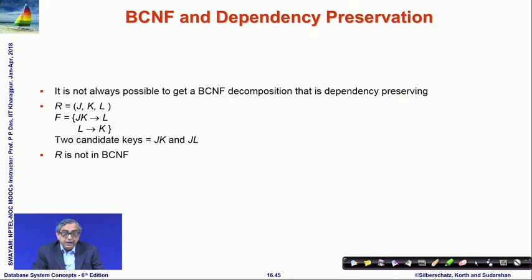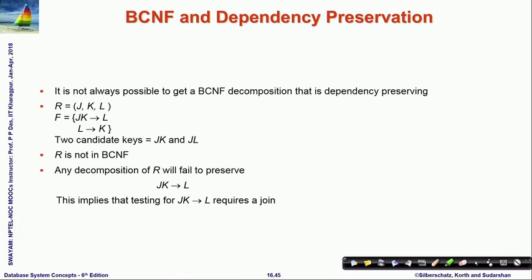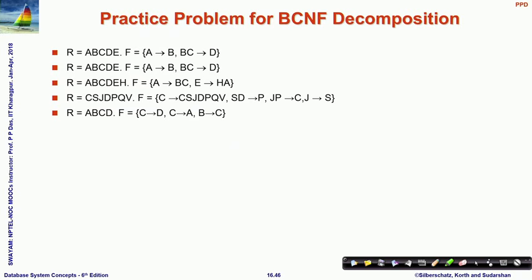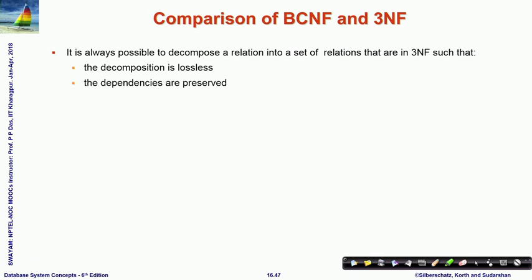R is not in BCNF, you can clearly see, and any decomposition will fail JK determining L, and that will require a join. So, this will not preserve the dependencies in the decomposition. Again, I have given a set of practice problems here, which you should try to get confident with Boyce-Codd normal form normalization.